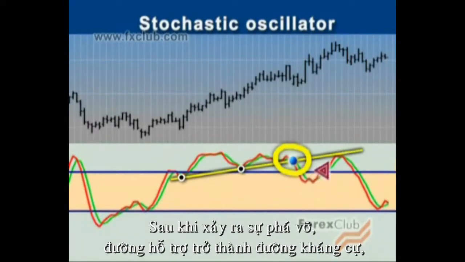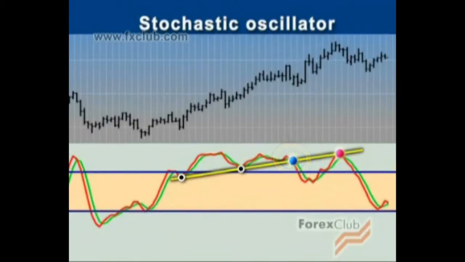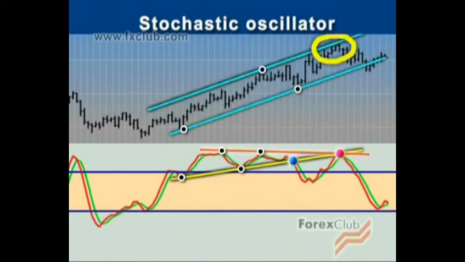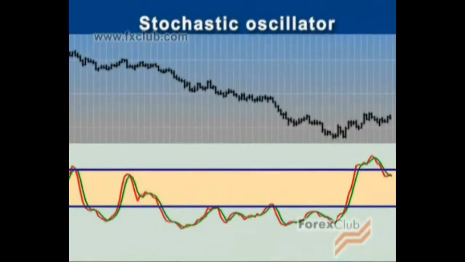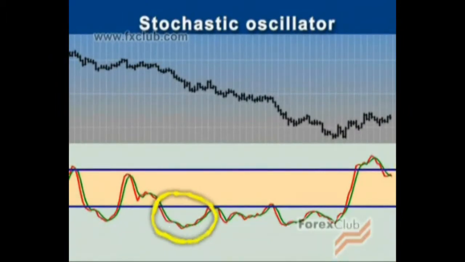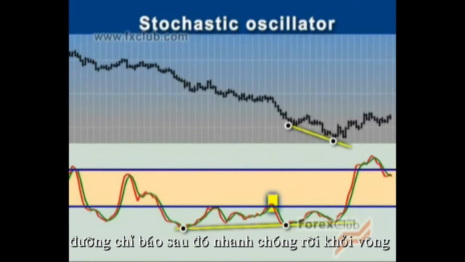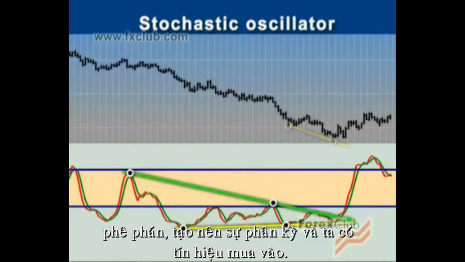After breakout, support becomes a resistance line and causes a divergence. And now let's examine an example of a bearish divergence. We have a typical entrance into the critical zone. The indicator then leaves the zone briefly, and there's the divergence and the buy signal.